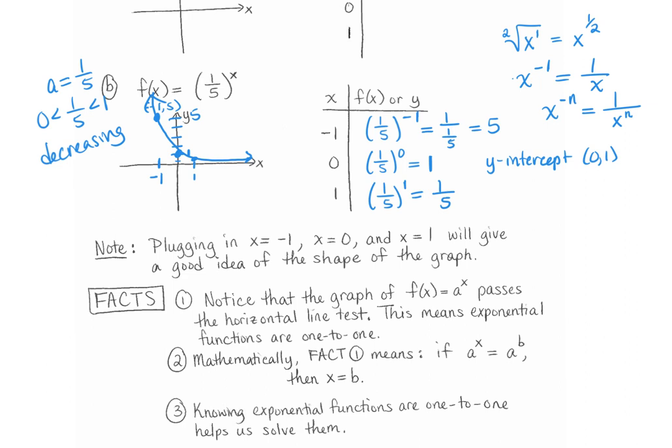Notice that the range you get from your y values, remember? So your range goes from 0 to infinity, not including 0 because the graph never touches 0. So the range is 0 to infinity. And our domain, which is the set of what values?